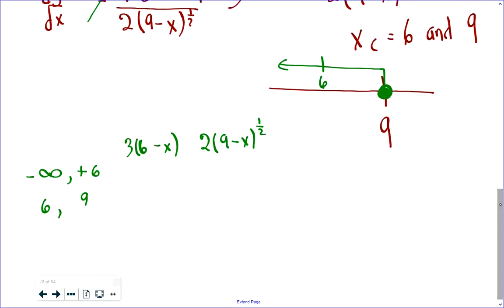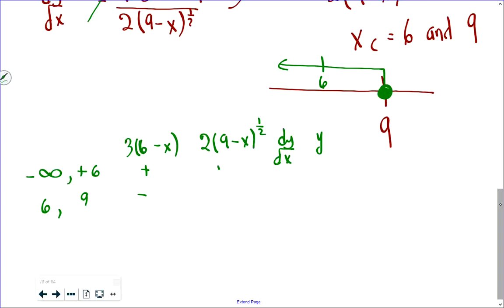This will be, and let's put our dy dx. And let's put our y. This will be positive then negative. It's backwards because of the negative x. Don't forget, you can always populate that 6 minus x with any number you want in that interval. So 6 minus negative 1,000,000 is going to be positive.